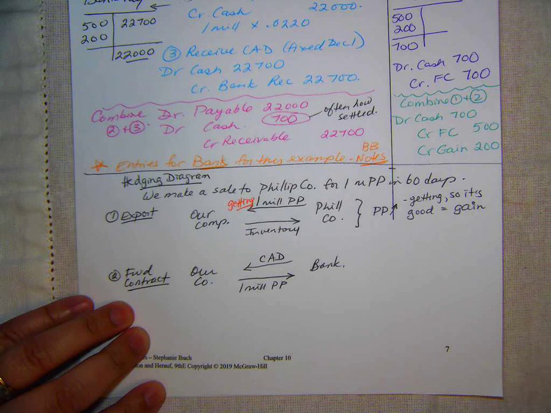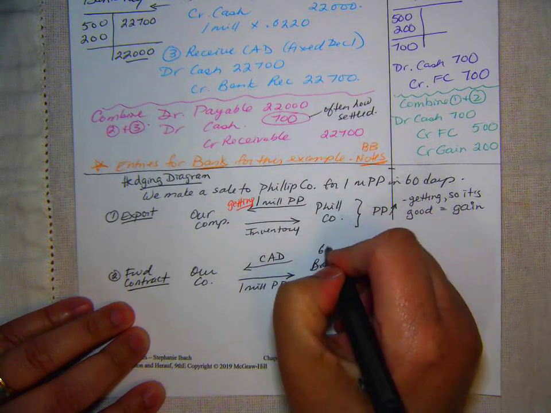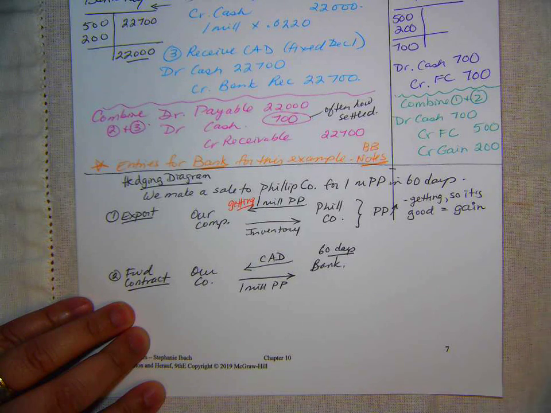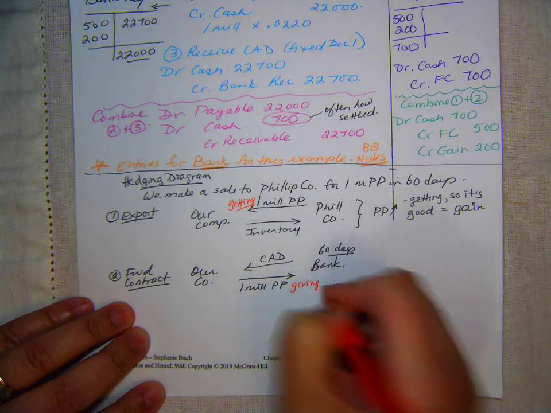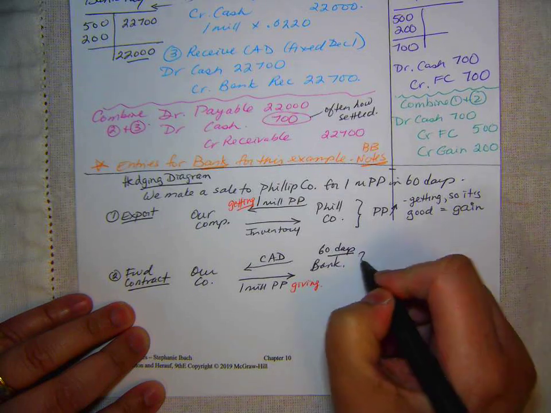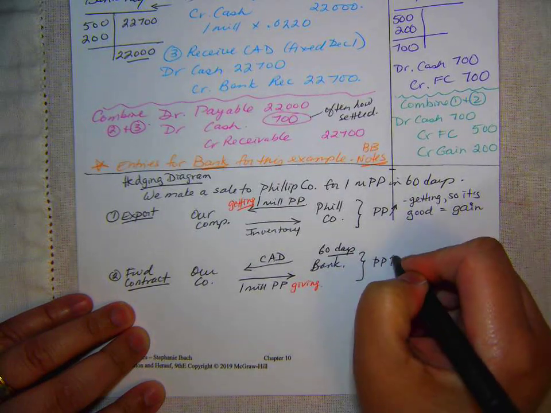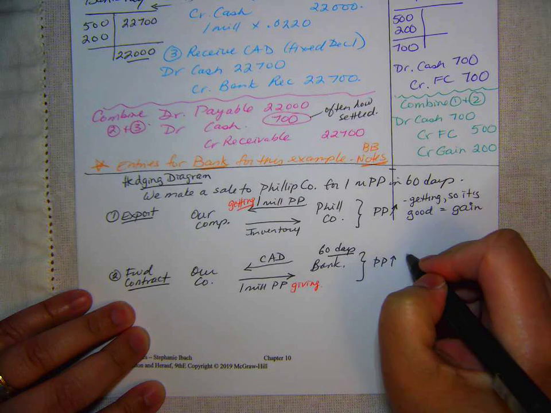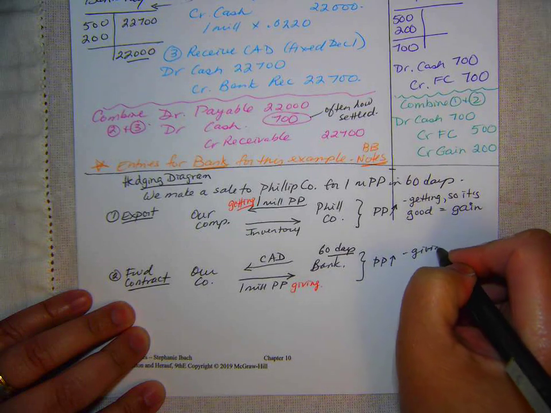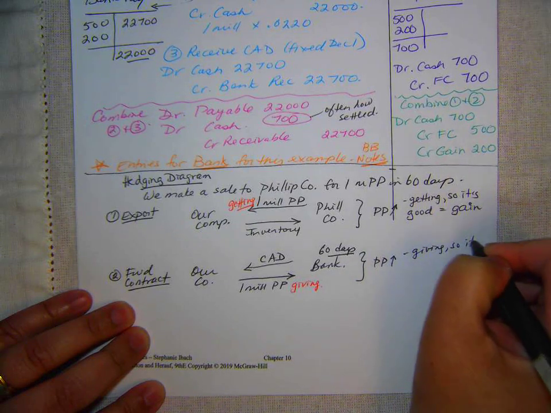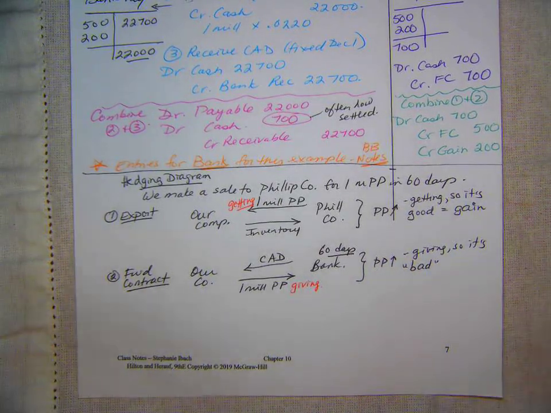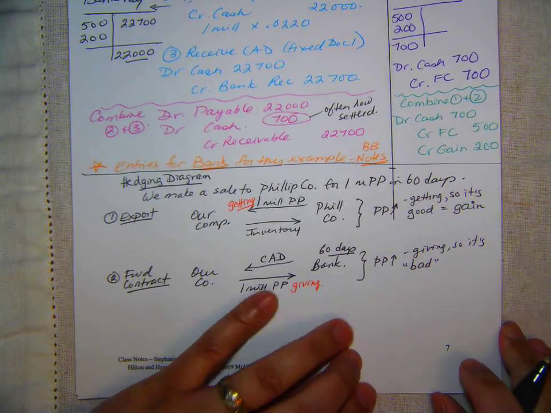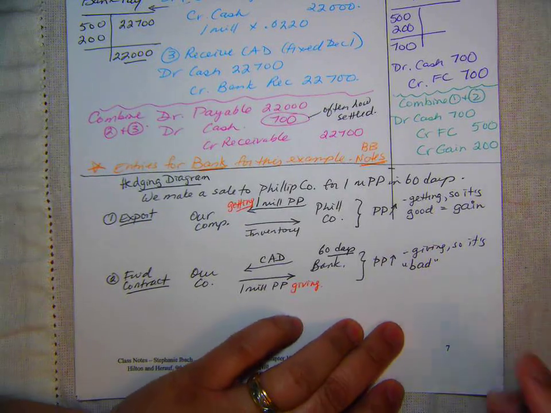So this time we're giving. So if Filipino pesos go up, we're giving. So it's bad. Remember, I'm using bad and good when they're really not judgmental words, okay? Just for you to figure out, is it a loss or a gain? So it's a loss.